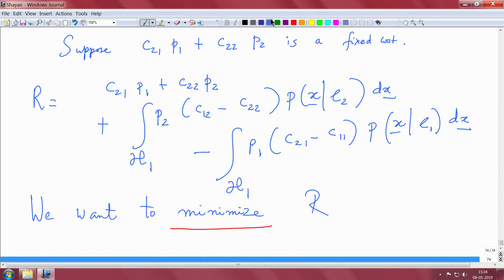It is sort of obvious, because all these are some quantities, and there is one integral here and another integral here, and somehow if this total integral is made 0, then I am at the optimal risk. So, I want to get rid of this integral somehow.